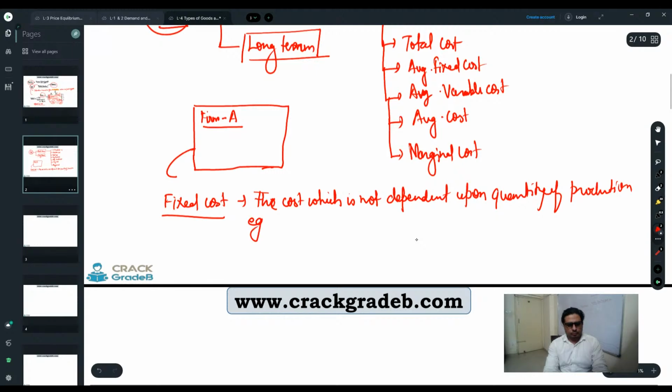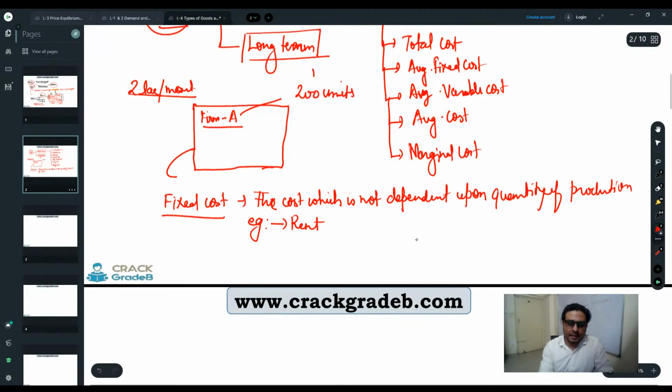Example, rent. So this firm has this area where they are doing the production activity, and they are paying a rent of 2 lakhs a month. The firm A has a maximum capacity of producing 200 units.